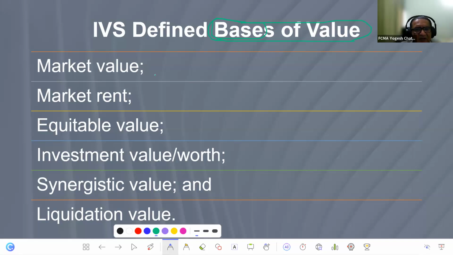So the basis of value is very important, and as we discussed, there are six bases of value defined under the IVS. The meaning of these six bases is provided under the IVS. That is market value, market rent, equitable value, investment value, synergistic value, and liquidation value.